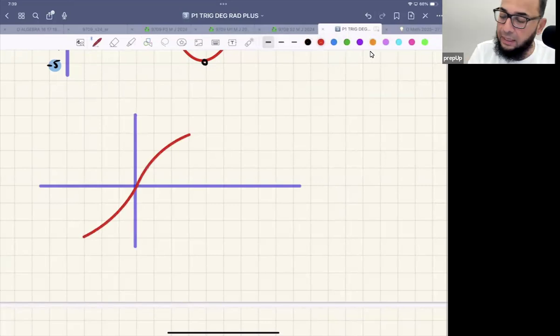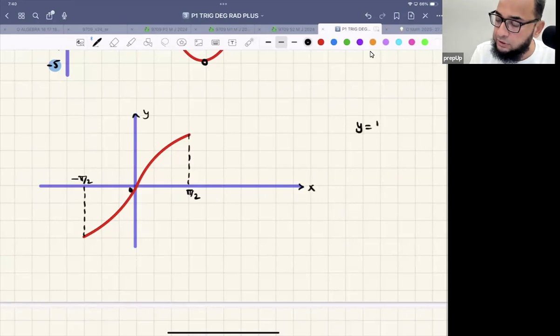Something like this. This is between 0 and pi by 2. This is 0. This is pi by 2. This is negative pi by 2. And this is y, this is x, this is 4 sine x. This is y is equals to 4 sine x.